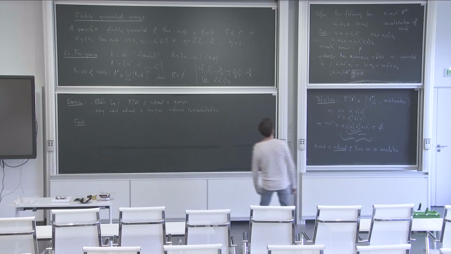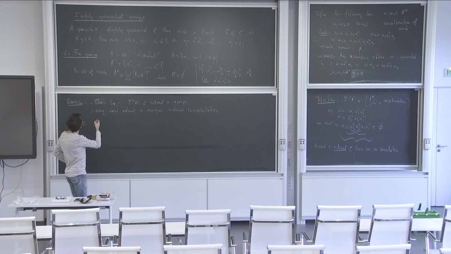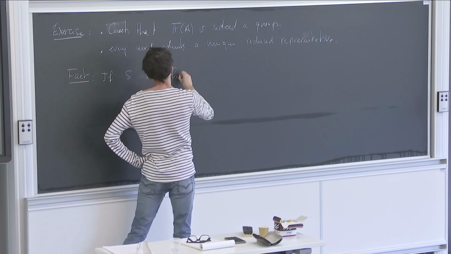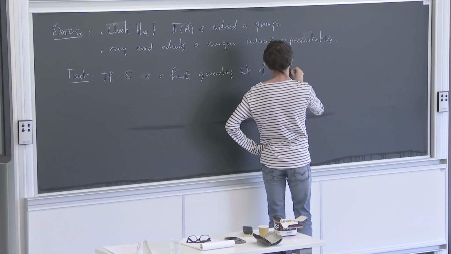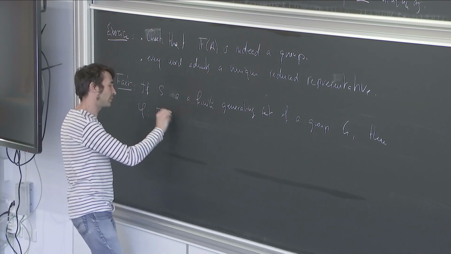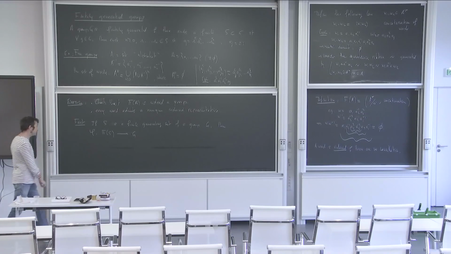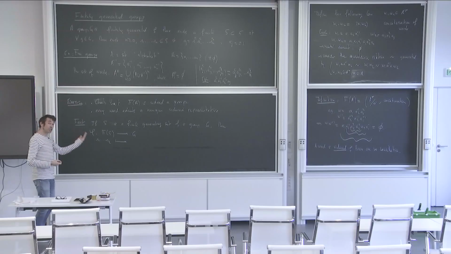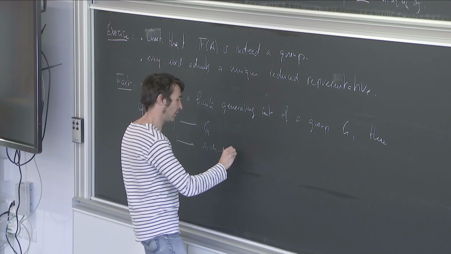There are several reasons, but at least just to go back to finitely generated groups: if S is a finite generating set of a group G, then we can consider a map phi from the free group over the alphabet S into G, where to a word S1 ... Sk, we associate the element in G which is the product of these elements seen in the group, so S1 times S2 times S3 up to Sk.